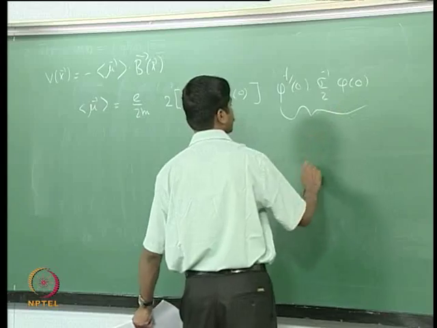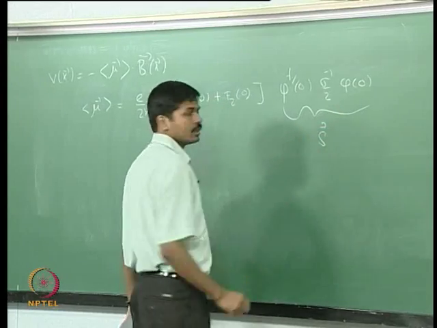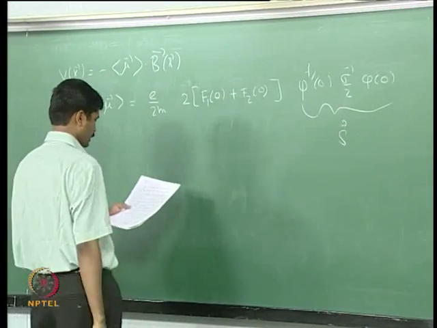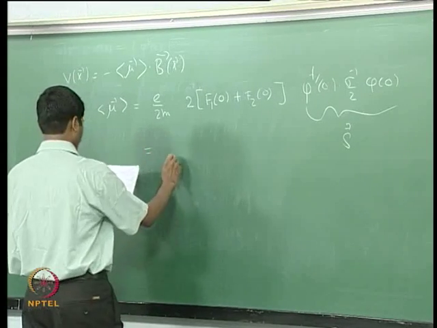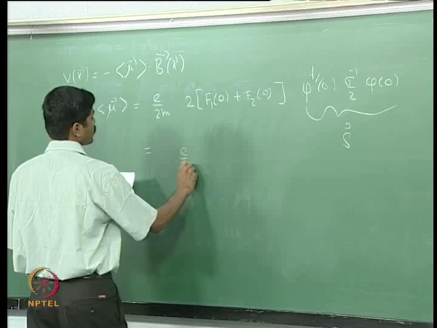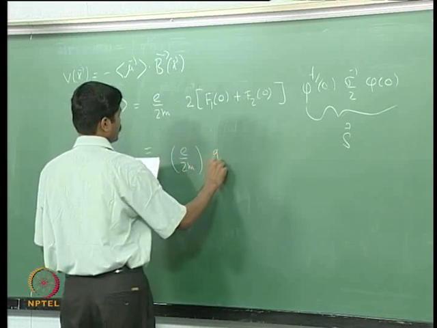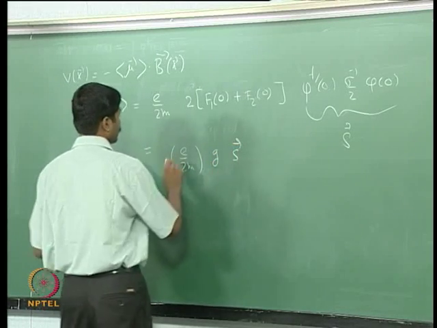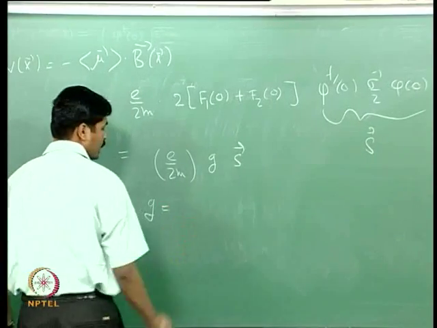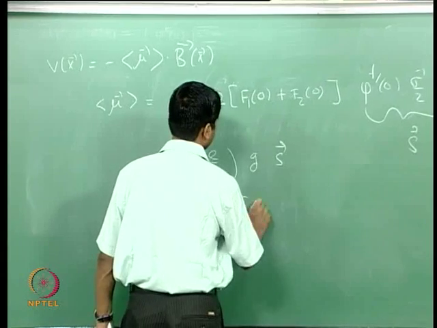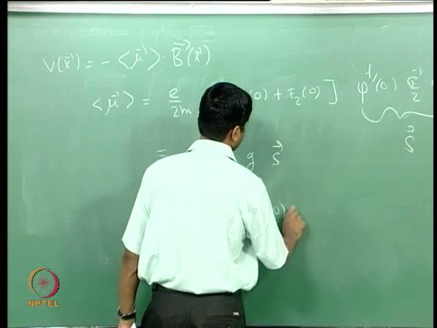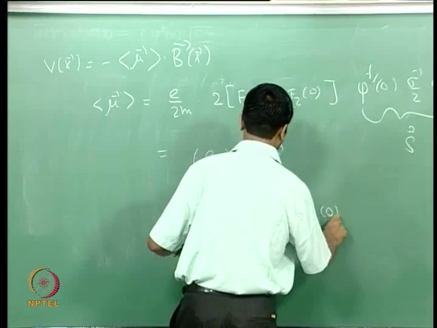This quantity is the spin operator, which I will denote as S, and hence this is of the form E over 2m times G times S, where G is the Landé g-factor, which is given by twice f1 of 0 plus f2 of 0.